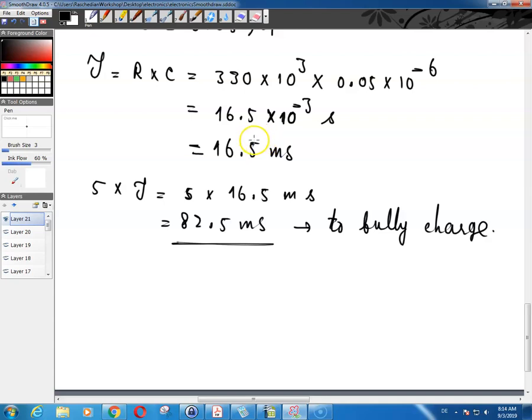And the voltage level after one time constant. After one time constant, we calculated tau to be 16.5 milliseconds.